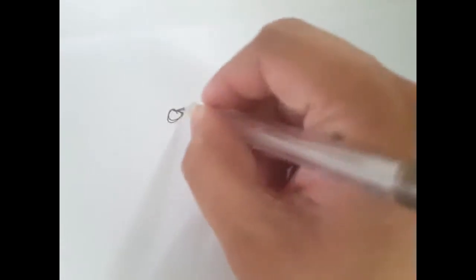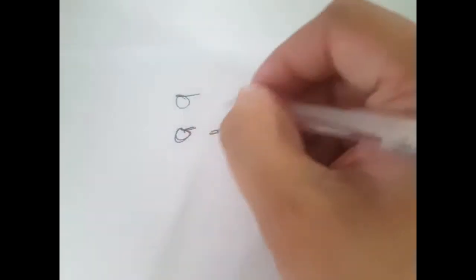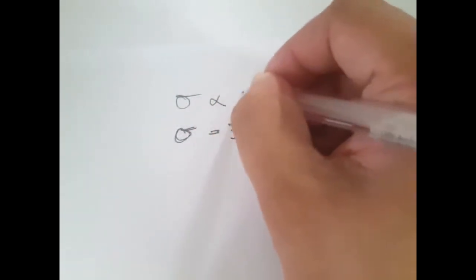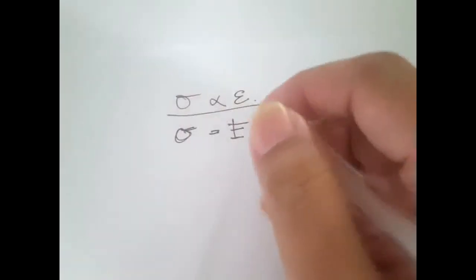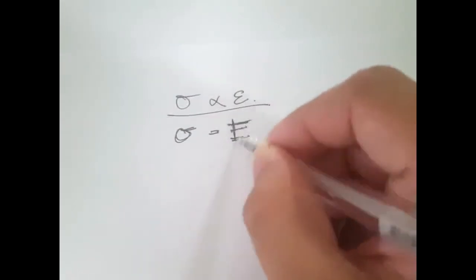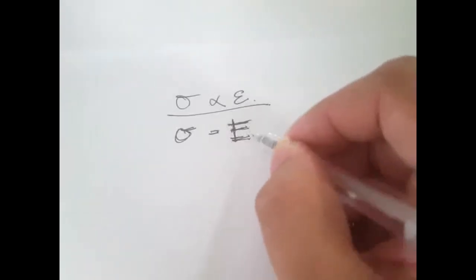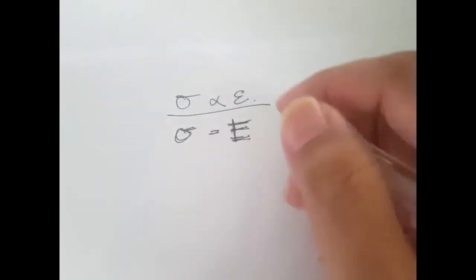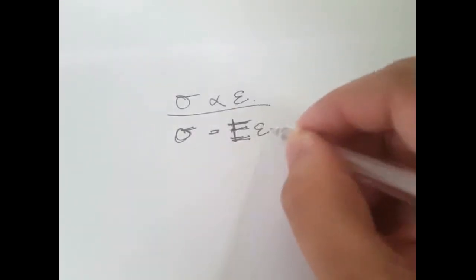Okay, so now what's the relationship between the stress and the strain? The relationship is simply given by the generalized Hooke's law: stress is directly proportional to strain. The proportionality constant is this quantity E, called the modulus of elasticity.